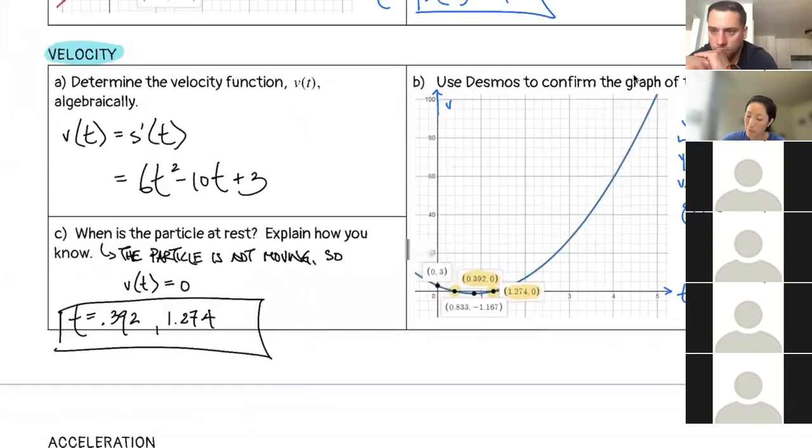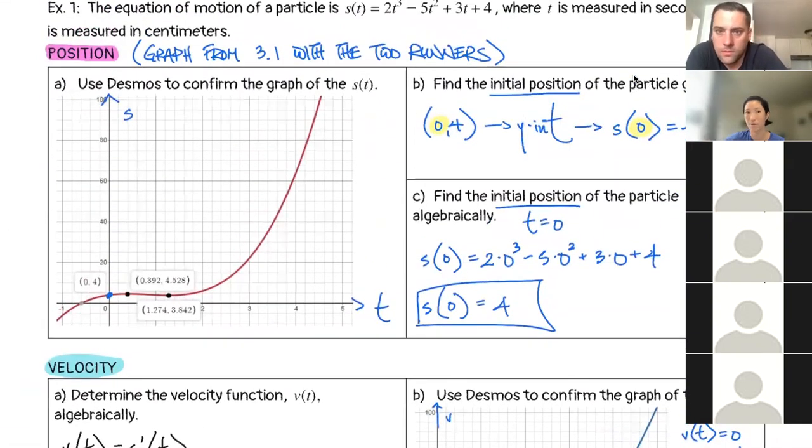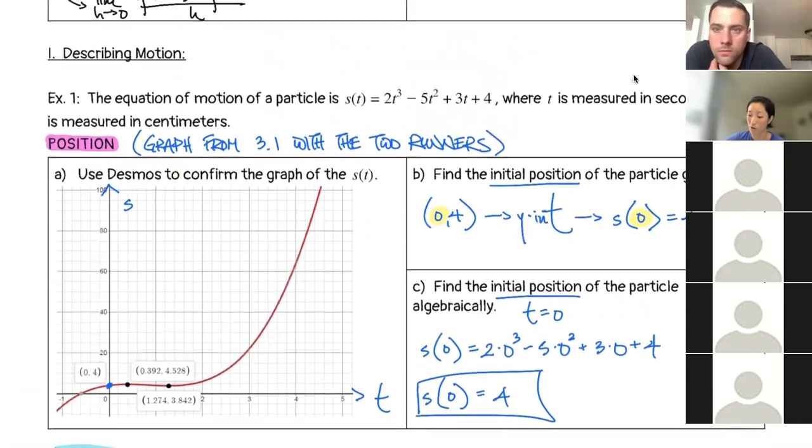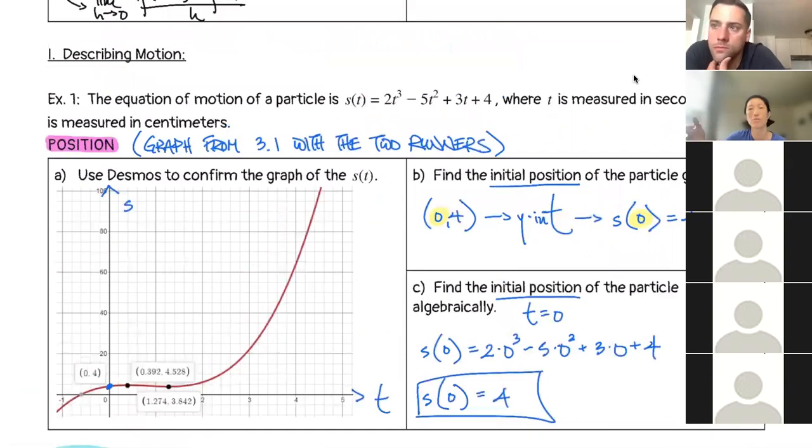Now, we are being very particular in our language here. And Vince, I'm really glad that you brought up that word speed. Speed and velocity are different. But when we think about the order of the derivatives, it's position, velocity, and then acceleration. I wish they chose a different letter.